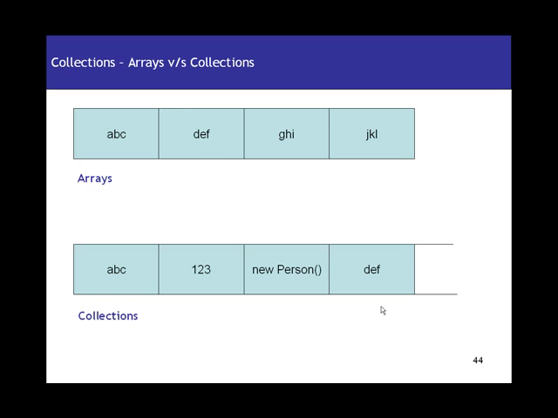But when it comes to collections, you've got a number of different methods which you are already provided with, and all you need to do is use those methods effectively to get the required functionality. So there's not much effort you need to put in from your end. So on an overall broad concept, this is the difference between arrays and collections.